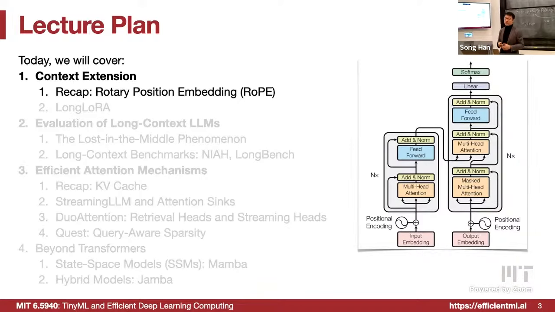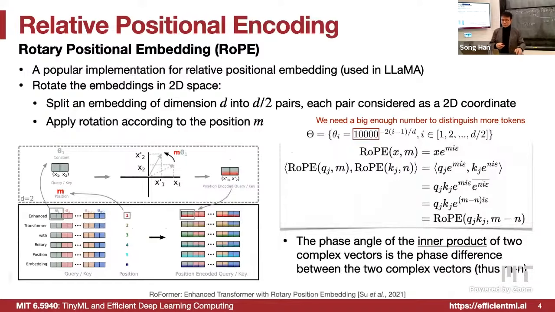So let's start with a recap of the rotary positional embedding. Rotary positional embedding is a popular implementation for relative positional embedding. Each token not only has its own embedding vector, but also has the positional embedding.